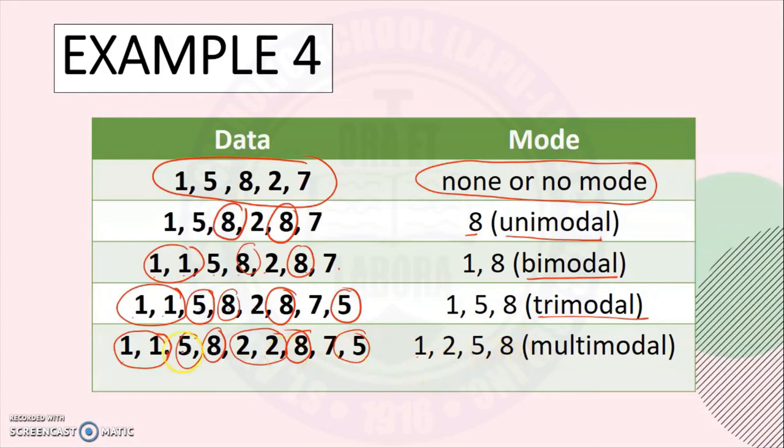So this data has 4 modes. So this is multimodal. Just always remember that if a value occurs most frequently in the given set of data, then that value is the mode of the data.